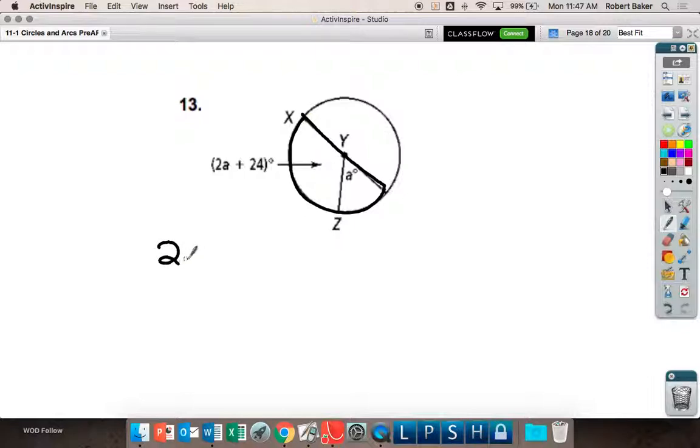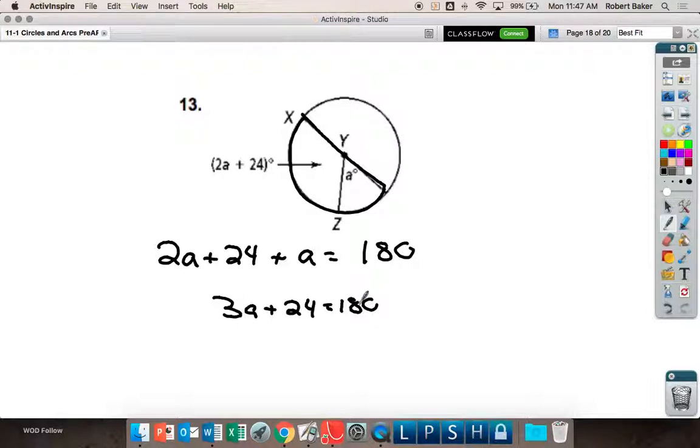So this piece and this piece equal how many degrees total? So then you just kind of combine like terms. And you get 52 degrees. That's algebraic arc measurement math.